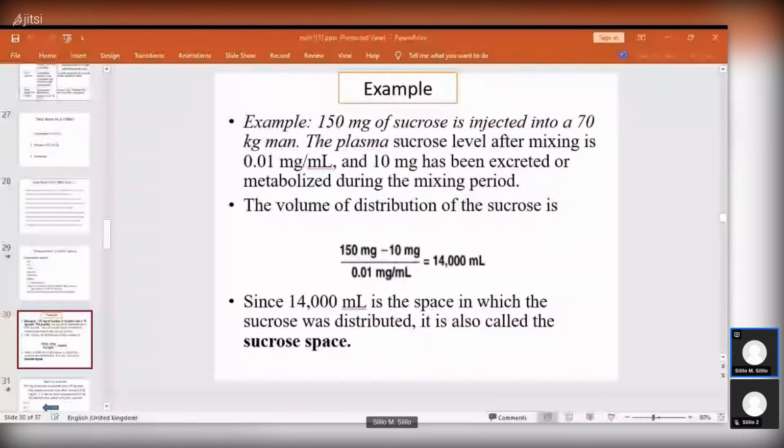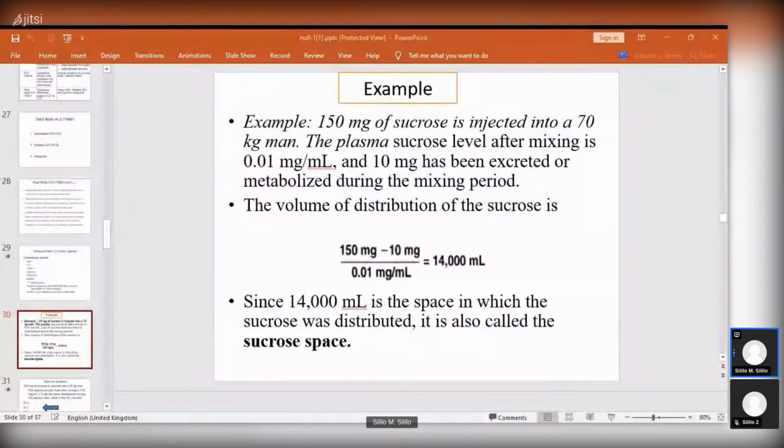IST equals ECF minus plasma volume. Have you followed that one? Yes.